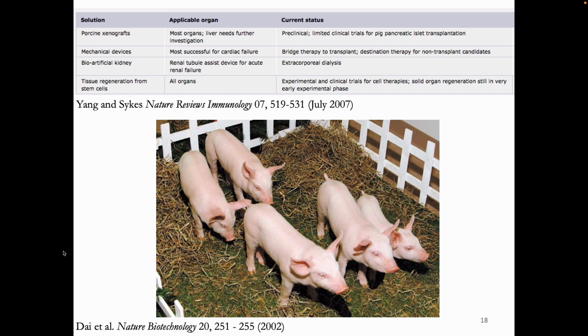And so one of the questions for a long time has been how to do this. You can see that this is from a review in 2002. The top is from a table in 2007.